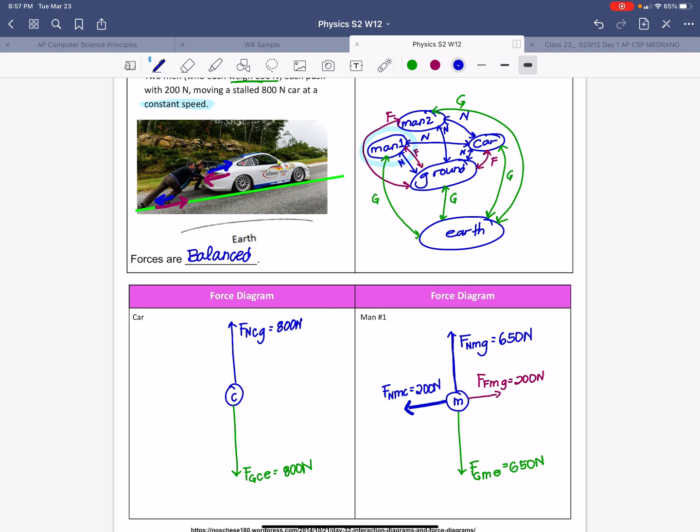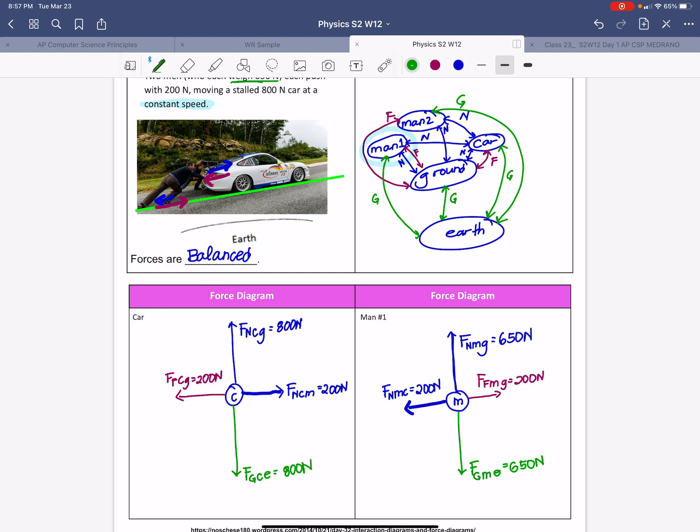And we see that the man is pushing the car to the right. So this is the normal force on the car from the man at 200 newtons. And the force of friction happening in the other direction, also at 200 newtons.